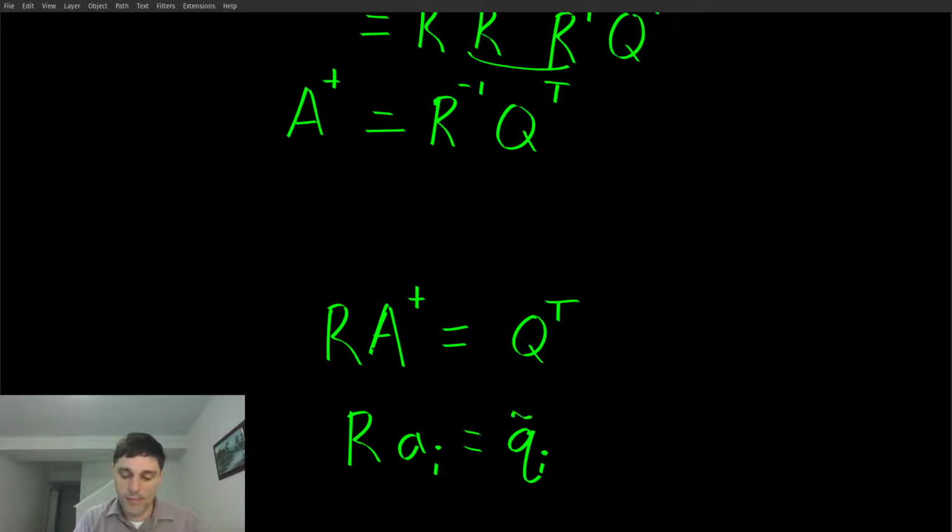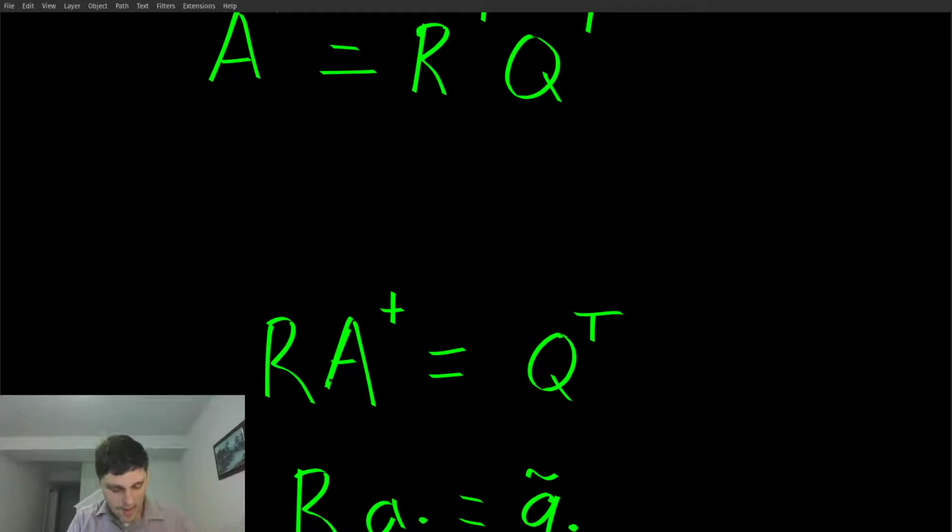Maybe I'll put a tilde on there to make sure it's clear that it's the transposed Q. So you can find the pseudo-inverse by doing n back substitutions, one for each column, just like you would with the other.